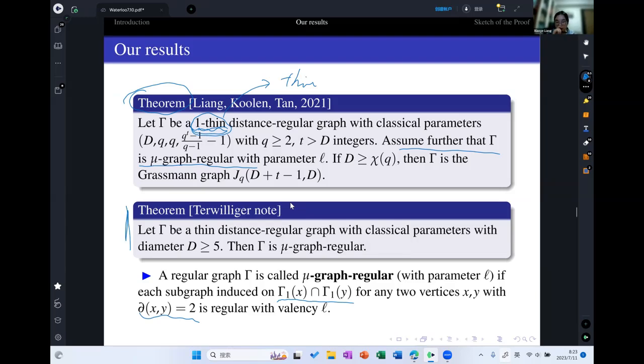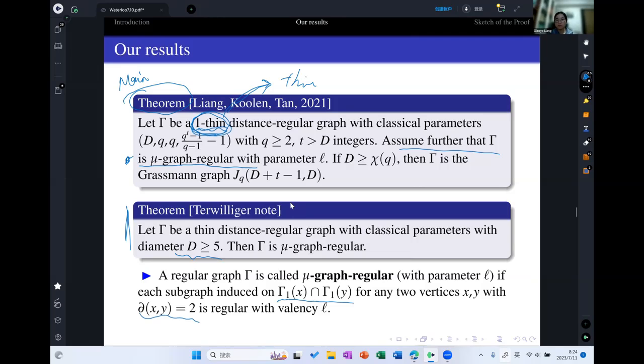Because if gamma is a thin distance regular graph with classical parameters and diameter at least 5, then gamma is mu graph regular. So if we change this to thin, we can delete this condition. So this theorem is our main theorem. We will show this one.